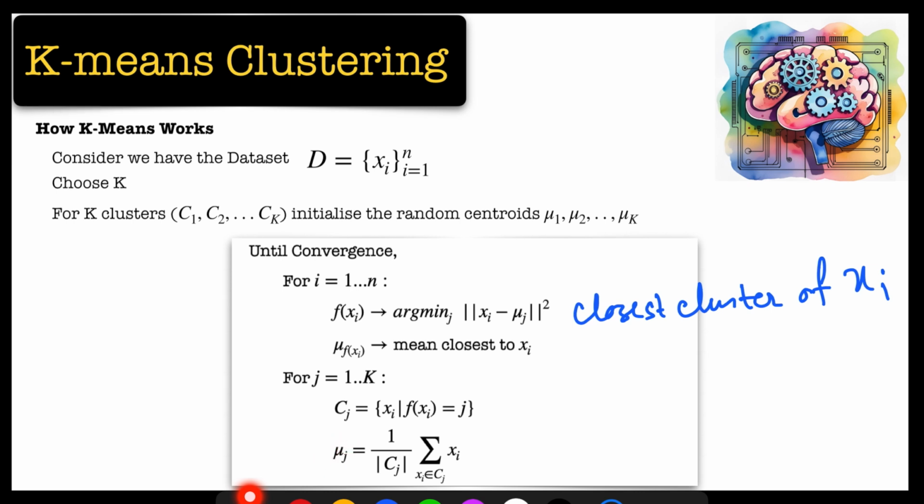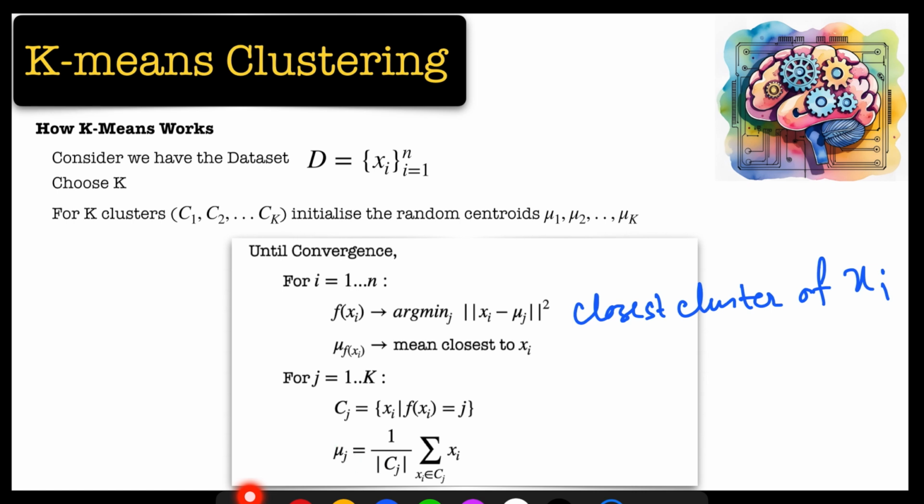Next we are computing the cluster centroid, right? Cluster mu j. What is mu j? We are taking the summation of xi in Cj. For a cluster Cj, we are taking all the data points, summing up all the data points and then dividing it by mod Cj, that means the number of data points.